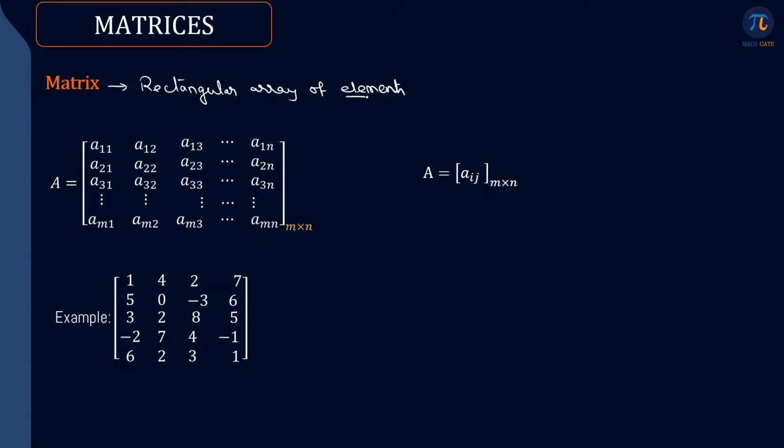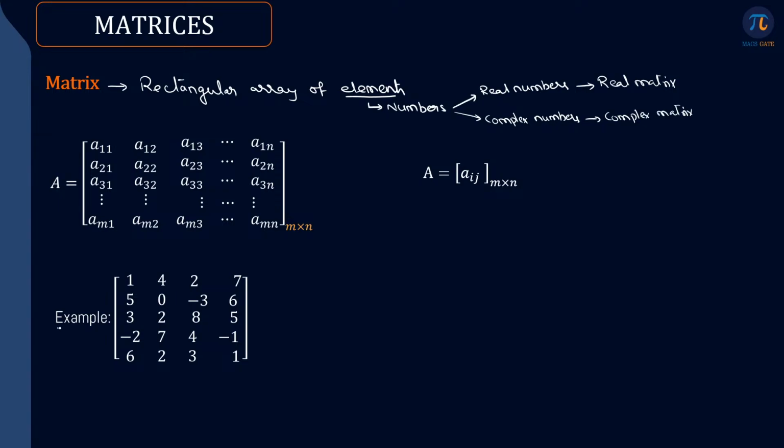So for us the elements are numbers, and if the numbers are real numbers, then we call this a real matrix. If the numbers are complex numbers, then we call it a complex matrix.